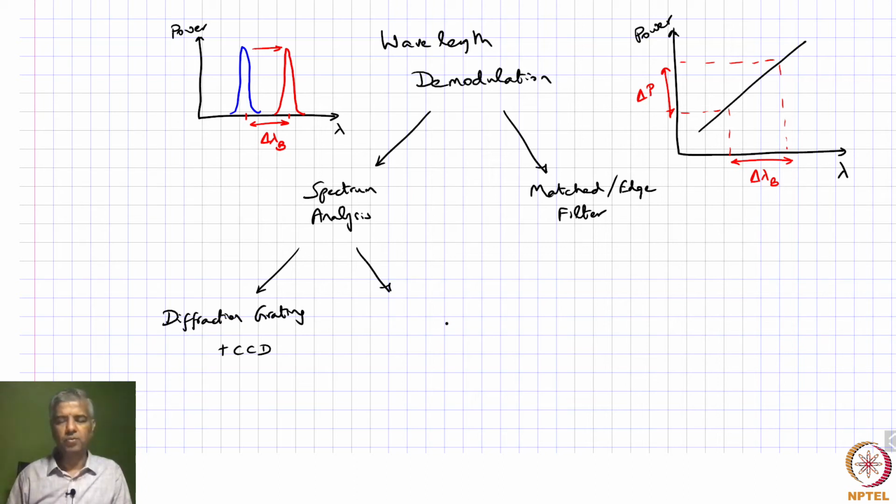But the other way of achieving spectrum analysis is by using a tunable filter.